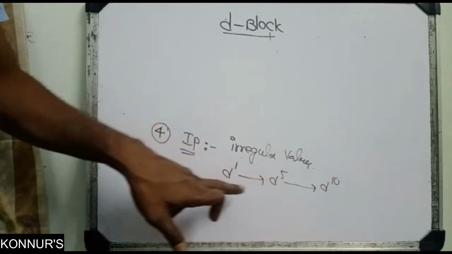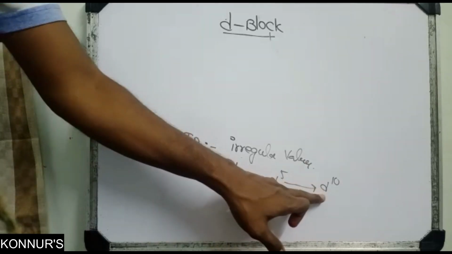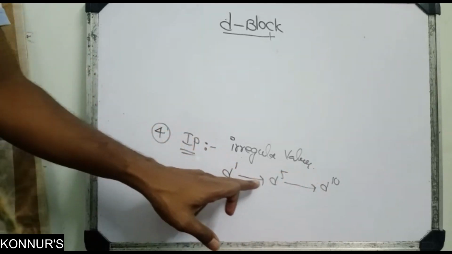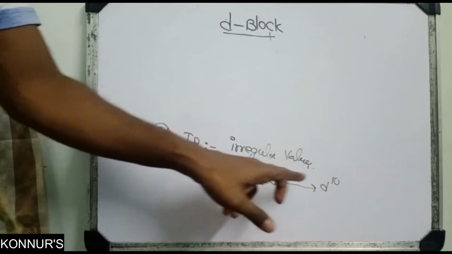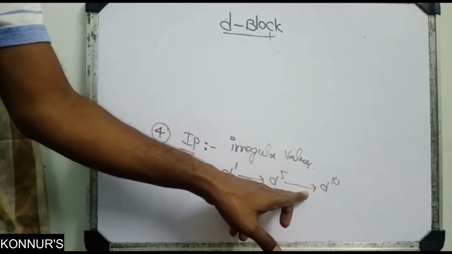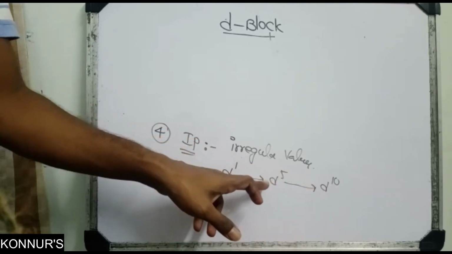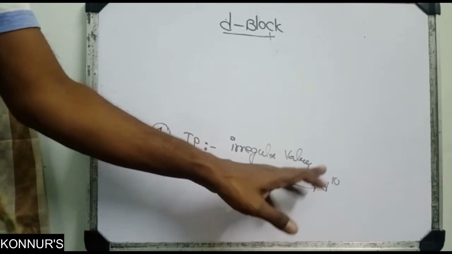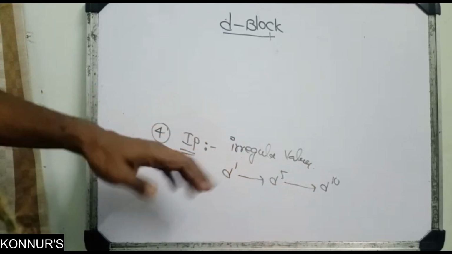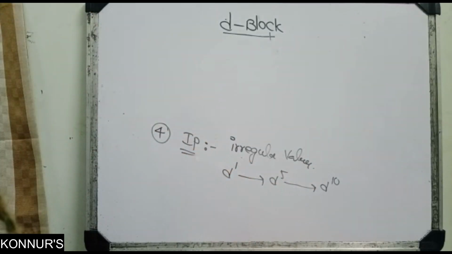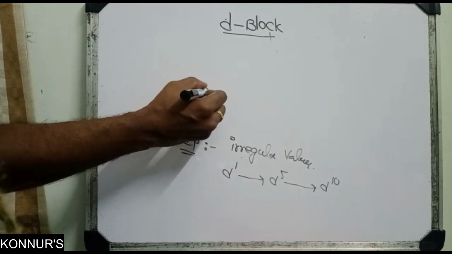In this electronic configuration, D5 and D10 are stable. Some elements are trying to show D5, and some elements further along are trying to show D10. So if D5 or D10 is possible, the stability increases and the IP values increase. Because of that, these irregular values come.